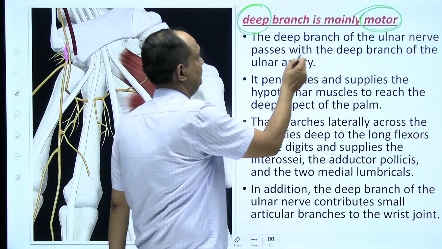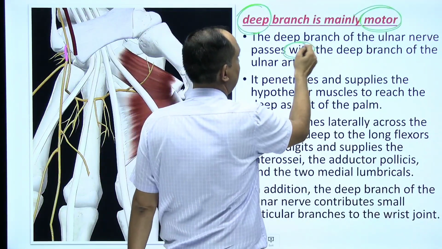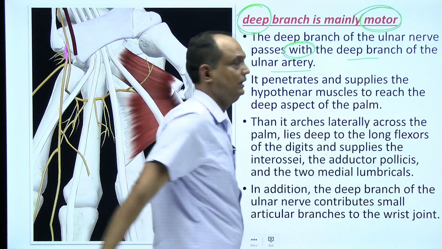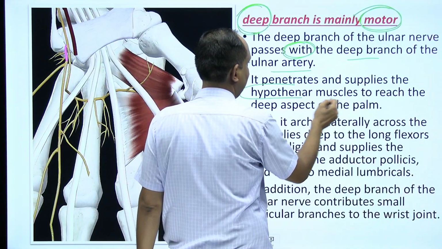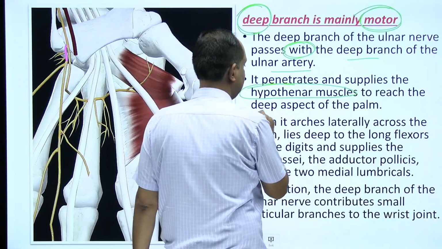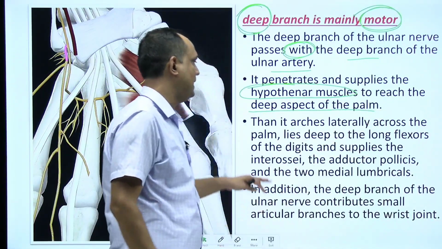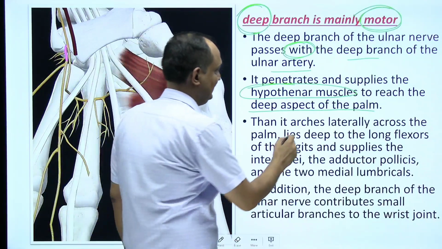The deep branch of the ulnar nerve passes along with the deep branch of the ulnar artery, and it penetrates to supply first the hypothenar muscles, then it reaches the deep aspect of the palm, then it arches laterally.